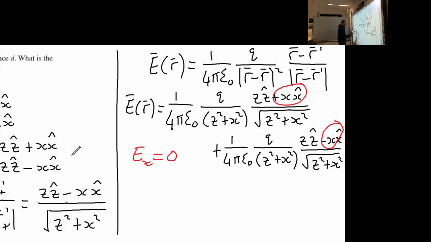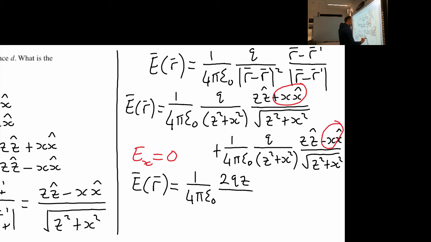So what we have left here is our electric field equal to 1 over 4 pi epsilon naught times 2qz all over z squared plus x squared to the power of 3 over 2, and it's in the z hat direction.